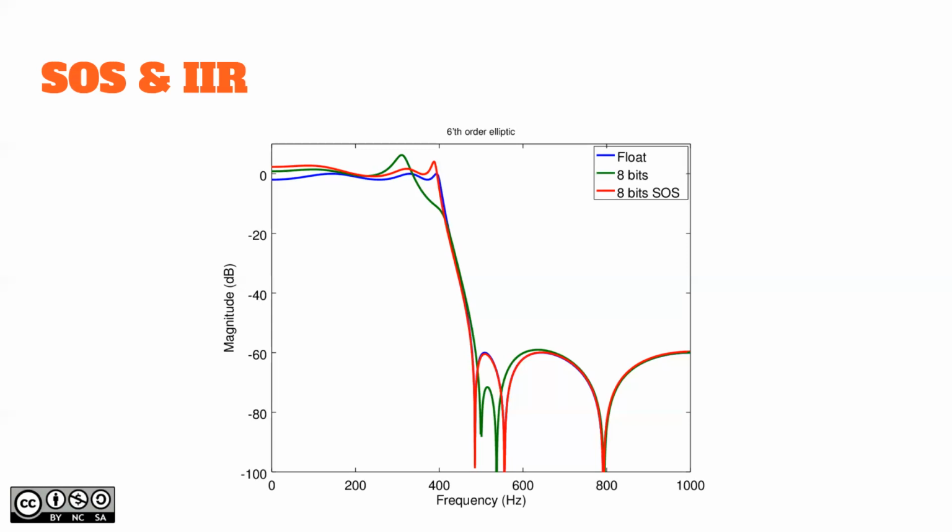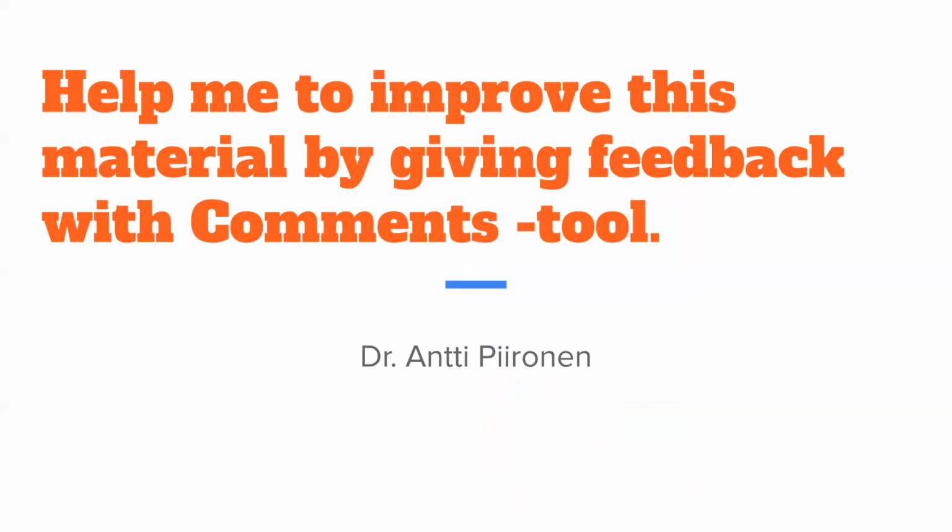This is a sixth order filter. It's not a high order number yet, and you already start seeing some bad results when you have limited resolution to do the calculations.